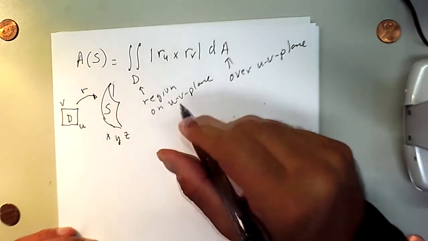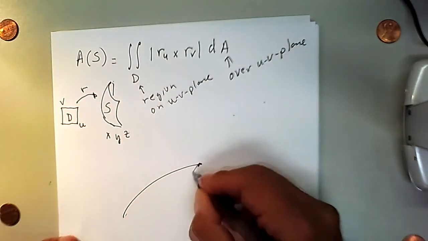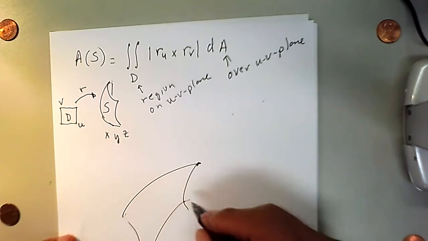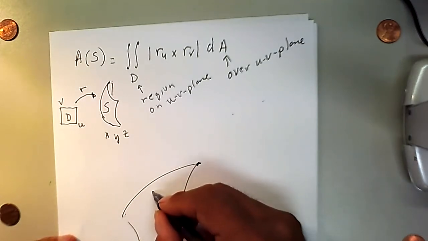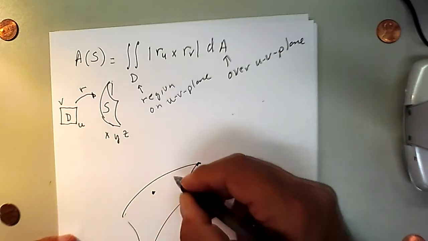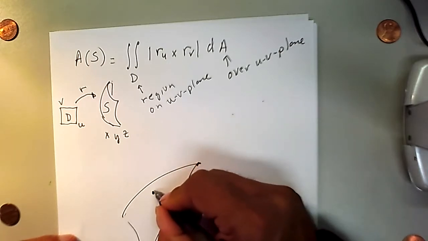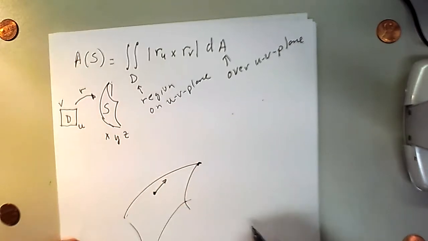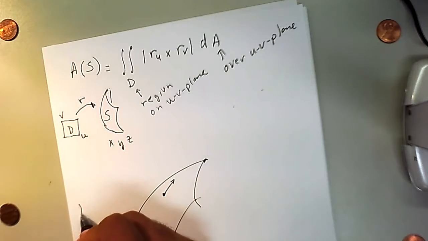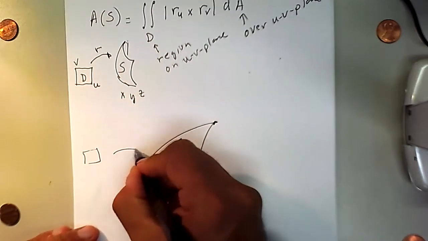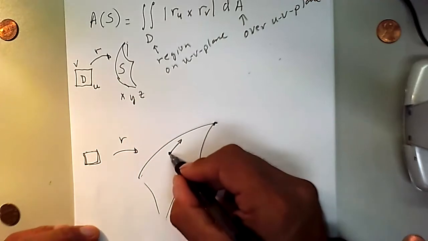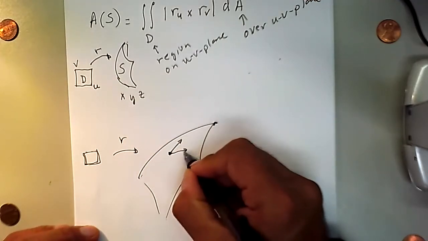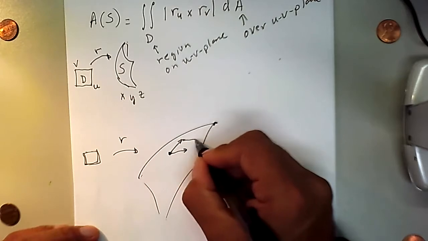The reason for that: pretend you got some kind of surface and you got R at a point. The partial derivative will give you a vector here. And by the way, by using R, we're deforming a regular rectangle into a parallelogram.